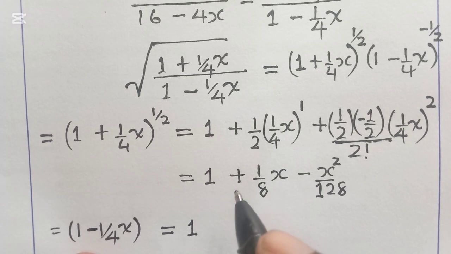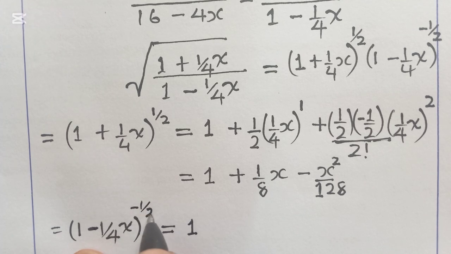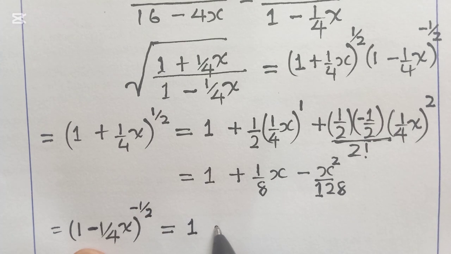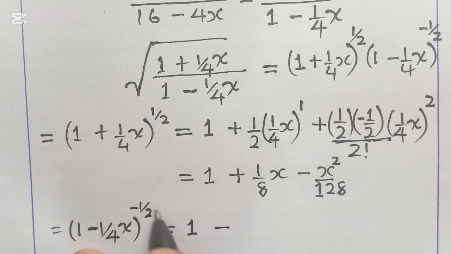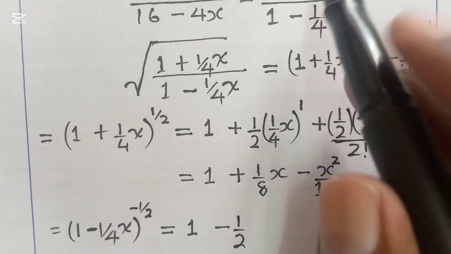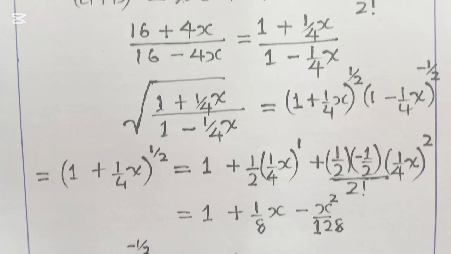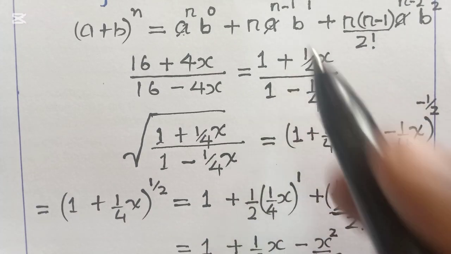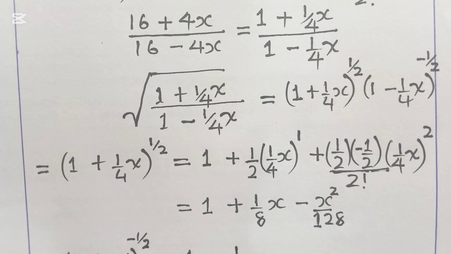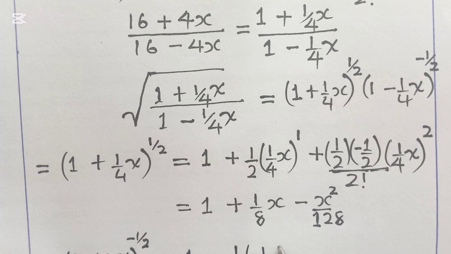For the second one, here we have a negative a half. The second one we are going to have minus, because now we are having n, which is minus a half. And then we put our b1 right there, and this one is also negative 1 quarter x, like that.